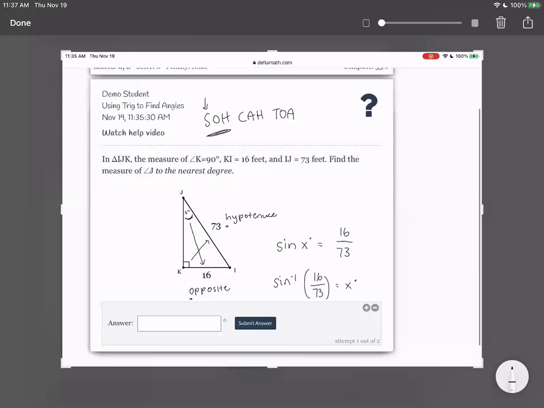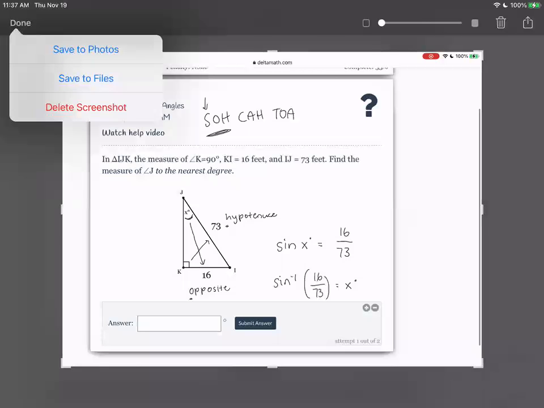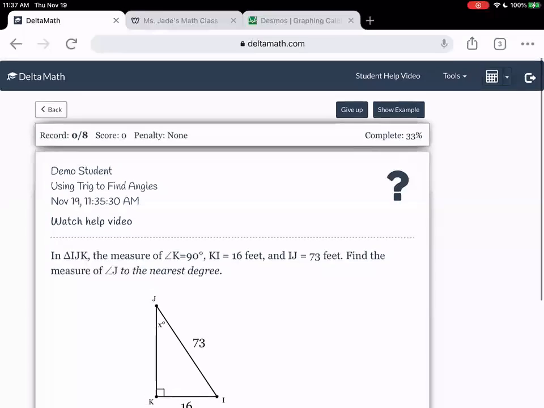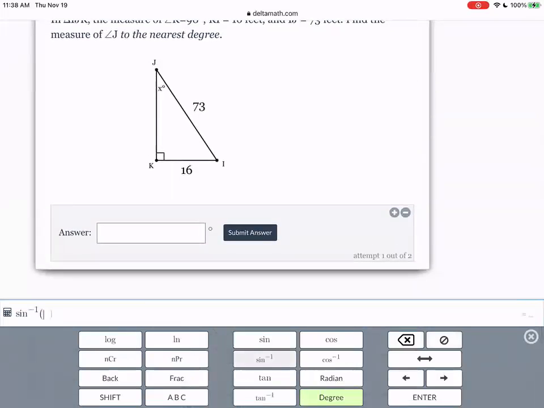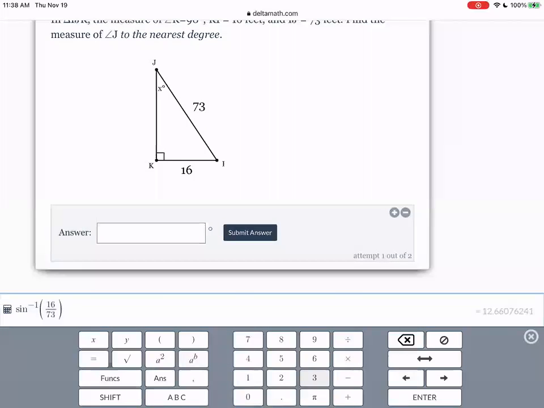So before I go to the calculator to type in sine inverse of 16 over 73, are there any questions? Calculator. Sine inverse of 16 over 73. All right, and it gives me 12.660.